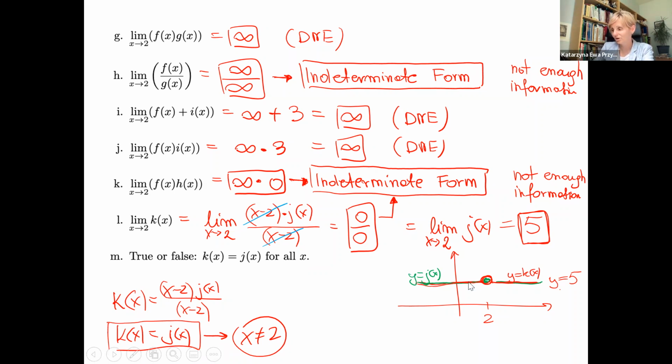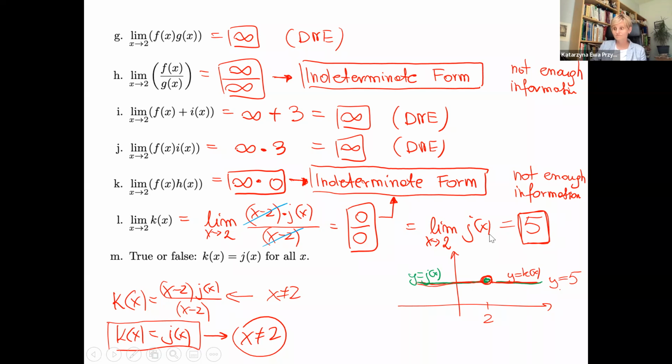So we can see the green line and red line are the same. Green line, red line. This is different. K has an open circle because function K is not defined at 2. Even if I cancel out, that's a later step, but it's not defined at 2. That means K has the open circle, J has the entire line.